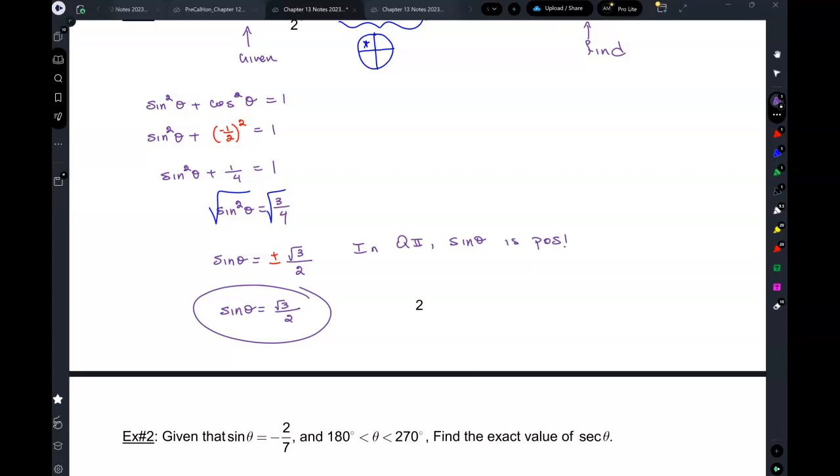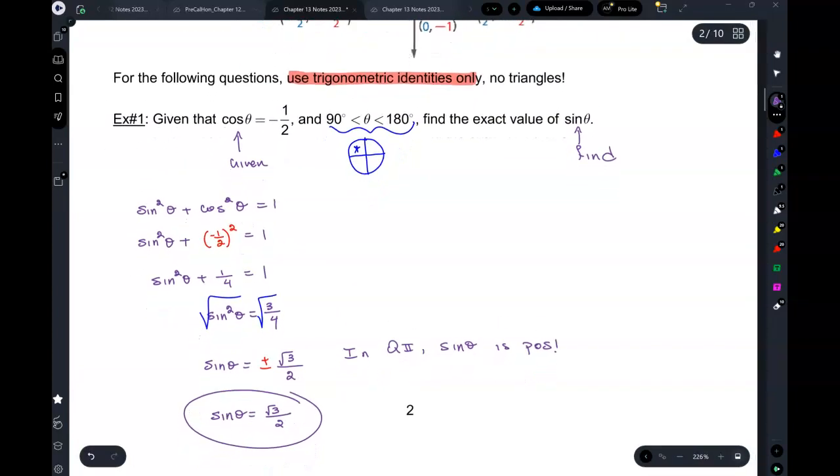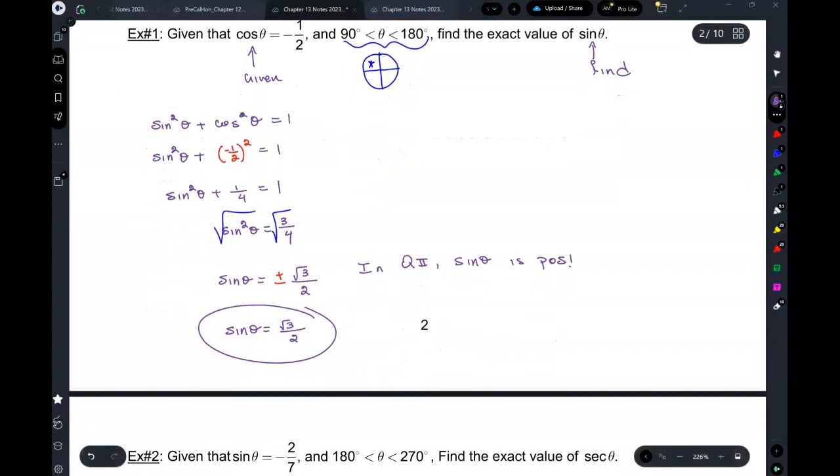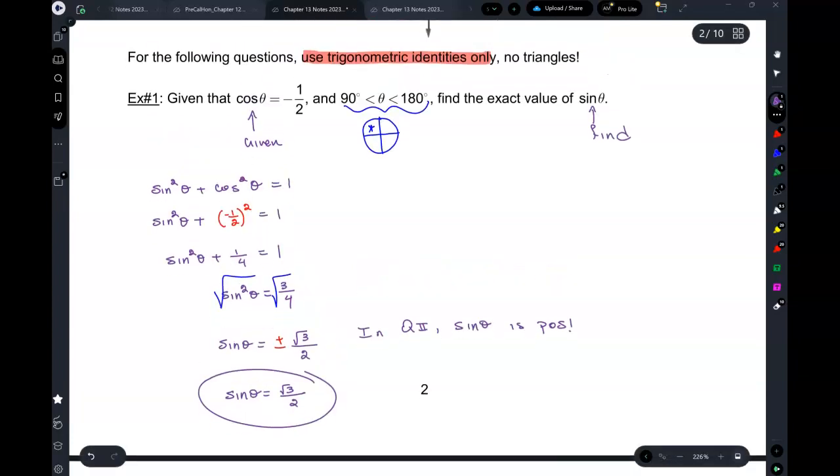We knew it was between 90 and 180. But we don't know the exact value of the angle. Well, I just gave you 1/2 right now for a special angle, but it will never be like that. It will be like, I don't know, 3 over 7 or something. And by hand, you can't find the angle.